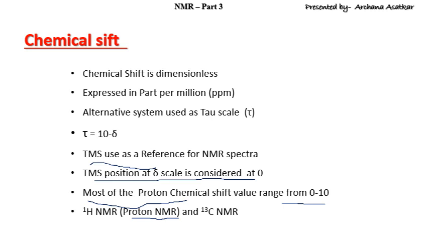For organic molecules, these two NMRs are very popular and very common to detect the organic framework or organic molecular structure, or the number of chemically equivalent protons or carbons. We take these two spectroscopic techniques, proton NMR and C13 NMR.